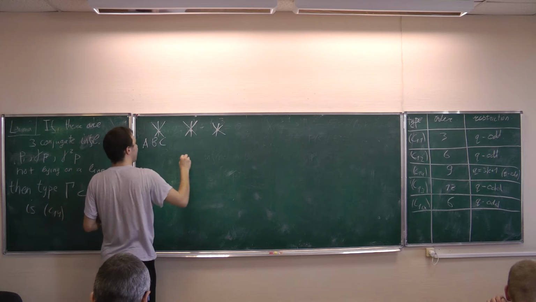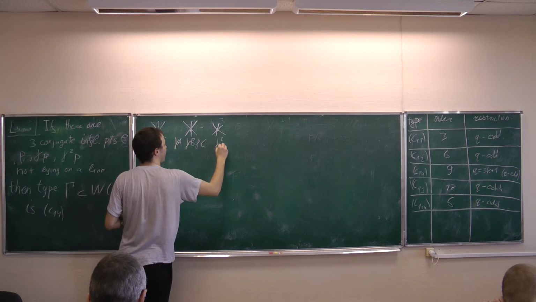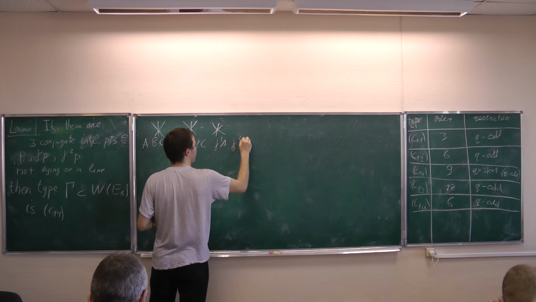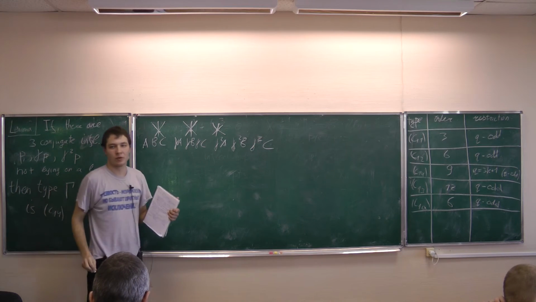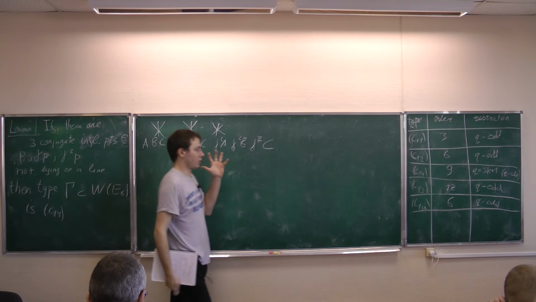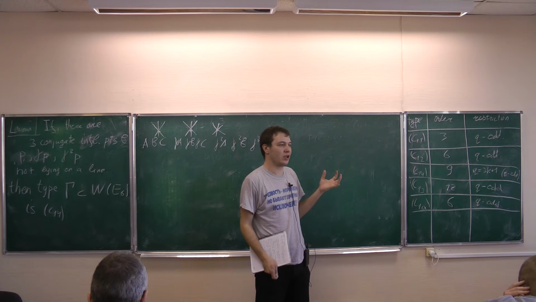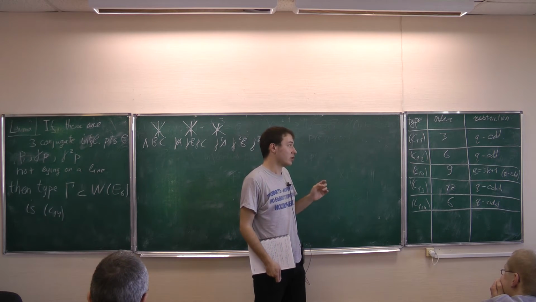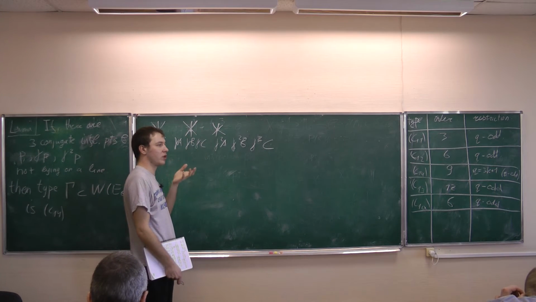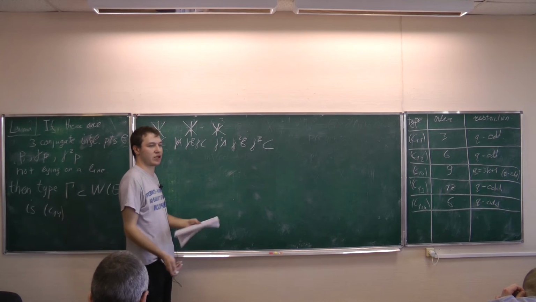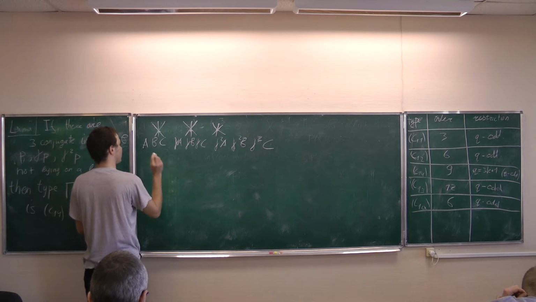Then the other lines will be gamma A, gamma B, gamma C, and gamma square A, gamma square B, and gamma square C. Well, we know that there is only one group of order 9 in our Weyl group. So the order of the group acting on this set of points should be divisible by 3. And we can consider a subgroup of order 3 in this group. Let G be a generator of this group.